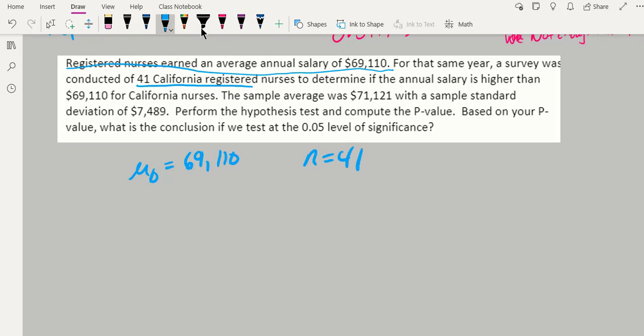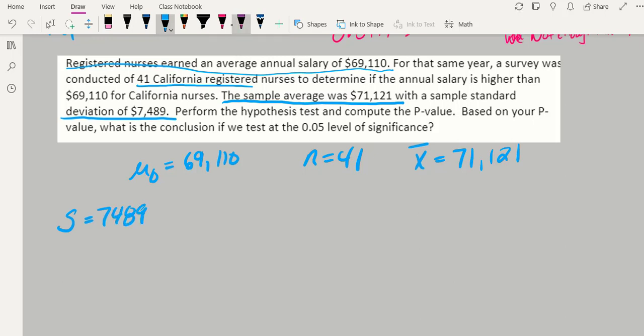And so what we do know is the sample average is 71,121. So our X bar is going to be 71,121. And then it says our sample standard deviation, which means S will equal 7,489.